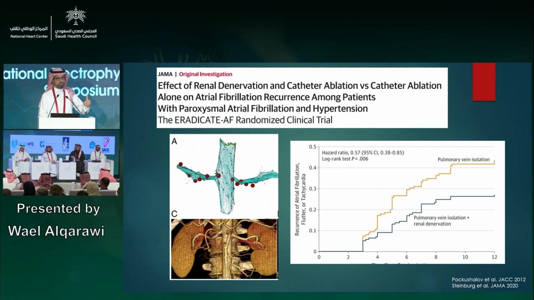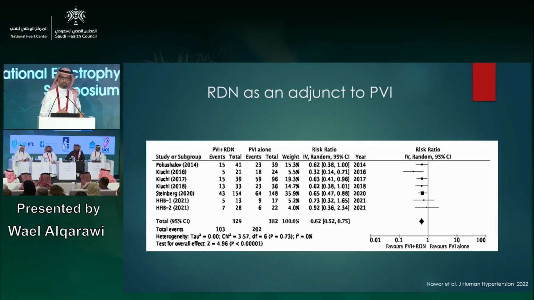They reconstructed the renal artery and then ablated from the distal bifurcation to the proximal artery, 5 millimeter lesions, spiral, and then showed significant reduction in AF recurrence if you add that to PVI in paroxysmal atrial fibrillation. This has actually been shown in multiple studies, but very small studies, but the effect appears to be similar.